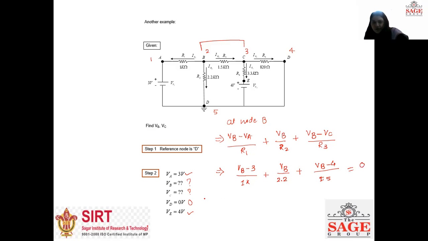So now we have this equation. Now we'll apply nodal analysis at node C. So how will it come? VC, which is 4, VC which we need to calculate.